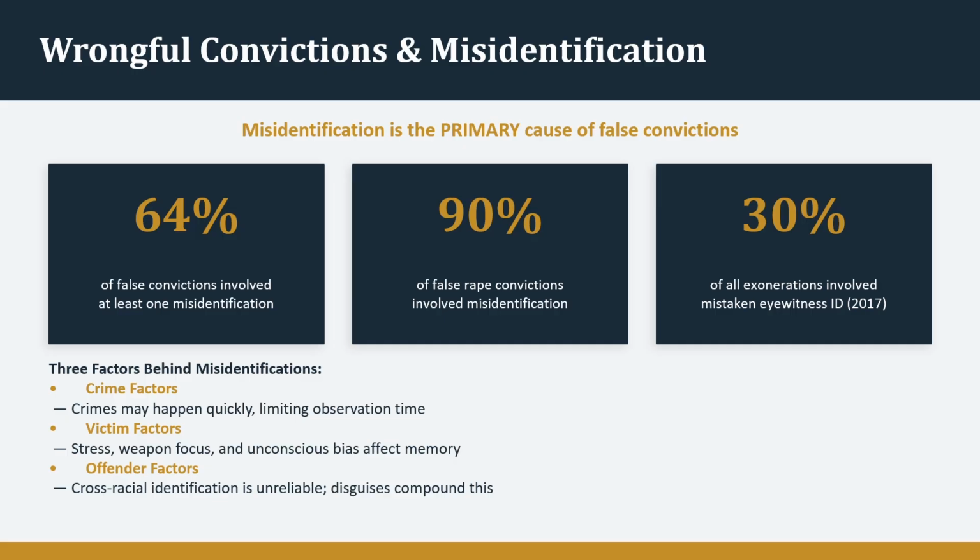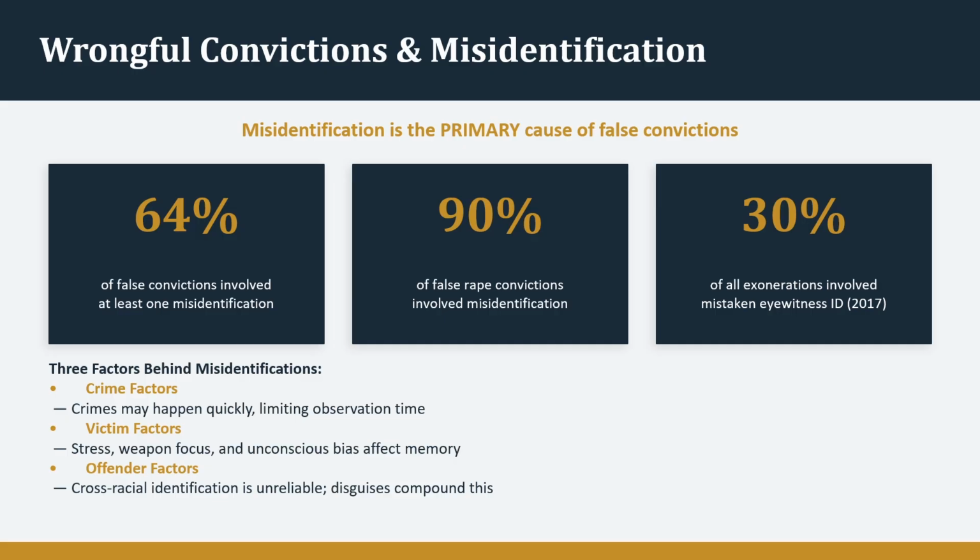Second, victim and witness factors. Even when a witness has the opportunity to observe, fear and stress impair memory and perception. There is a well-documented phenomenon called weapon focus. When a gun or knife is present, a victim's attention is drawn overwhelmingly to the weapon rather than to the perpetrator's face.